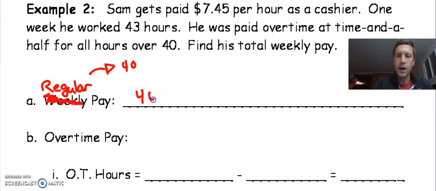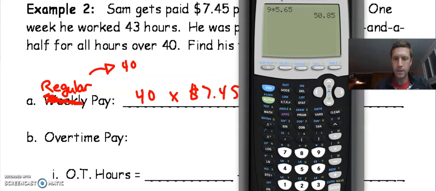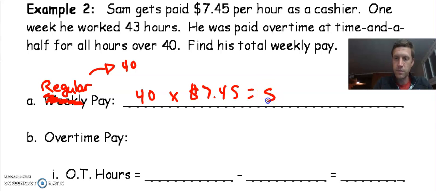So I'm going to take 40 hours times my $7.45. That's my regular pay. So $298. If I stopped working after 40 hours, that's what I would make.